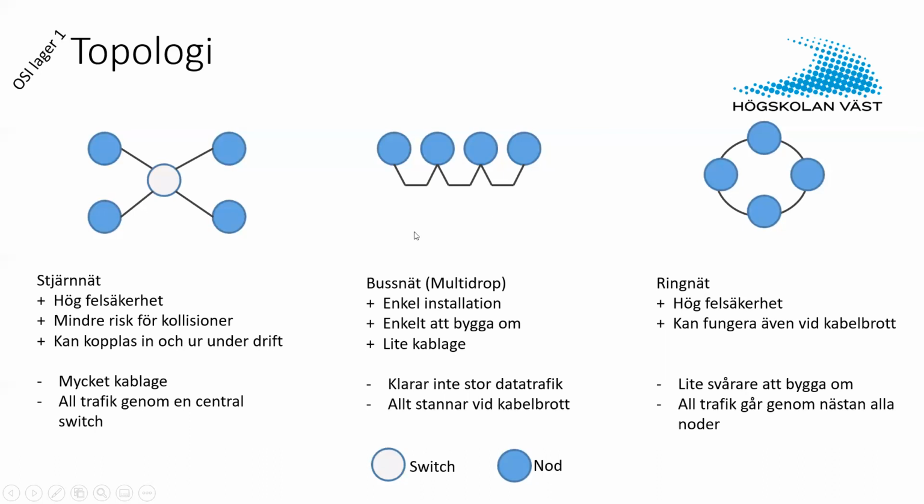So it might be easier to install or redesign, and you might save on cables sometimes, but you get less capacity. All nodes need to handle one common bus, so that's a drawback. And if you break a cable, the whole system will typically stop. So it's not so fault tolerant.